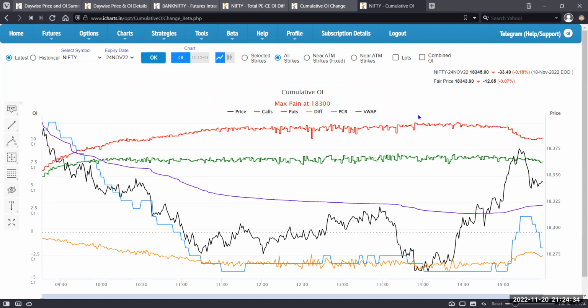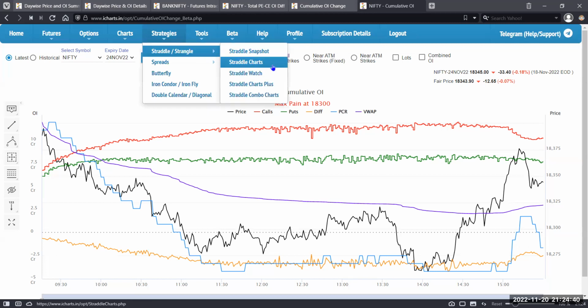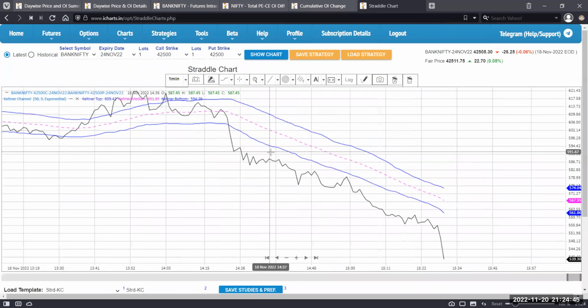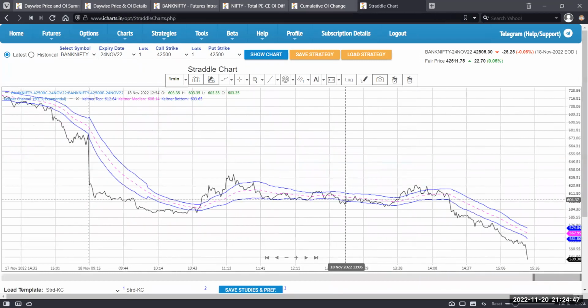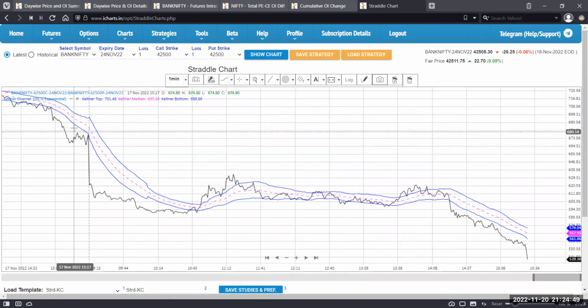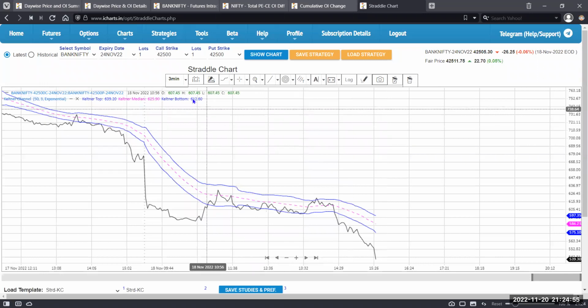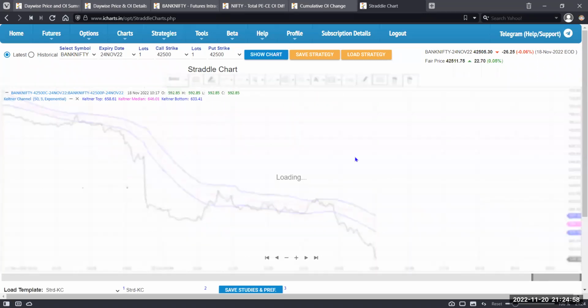One person has asked about interpretation of straddle charts. Okay, let me quickly go through that. For straddle charts, you will have to plot a trend-based indicator, based on whatever your time frame is.